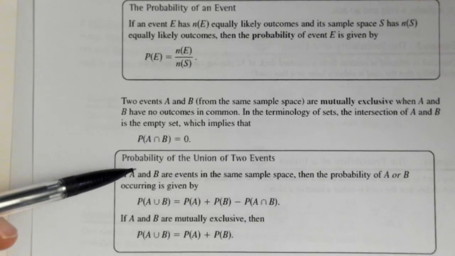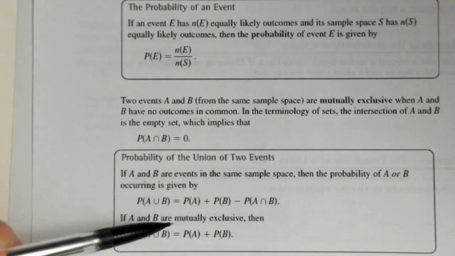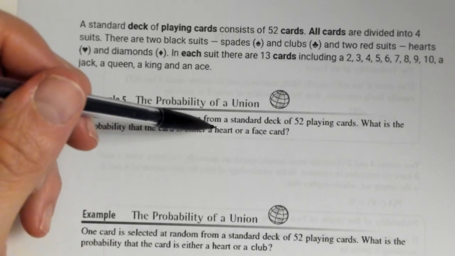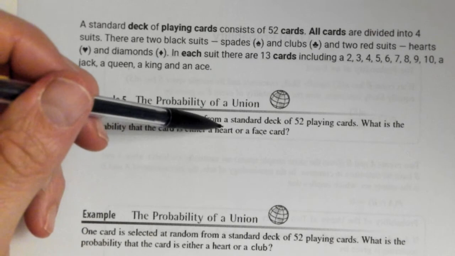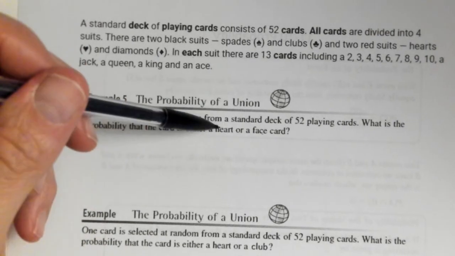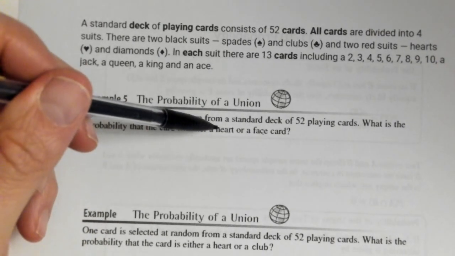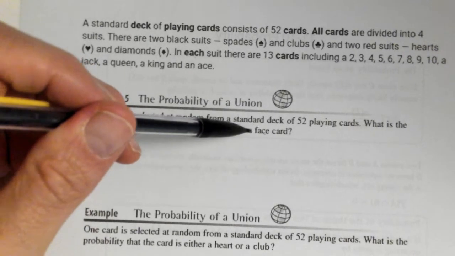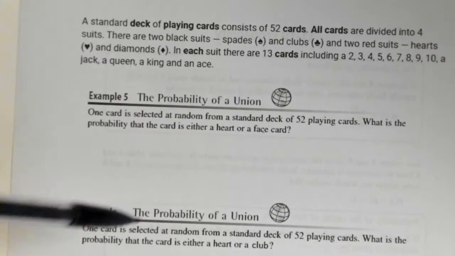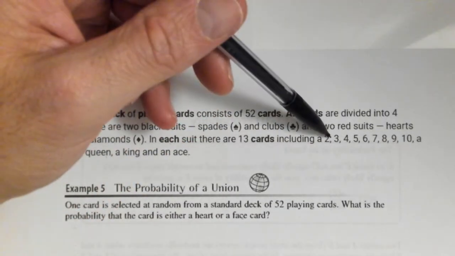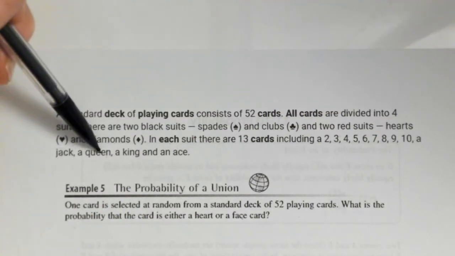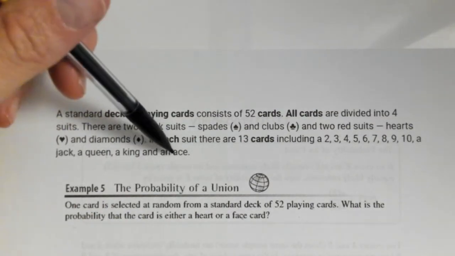I've just got to figure out whether those two things are mutually exclusive, yes or no. Are there any face cards that are hearts, or are hearts one set and face cards a totally different set? Well, in the hearts, you've got 2, 3, 4, 5, 6, 7, 8, 9, 10, Jack, Queen, King, and Ace.